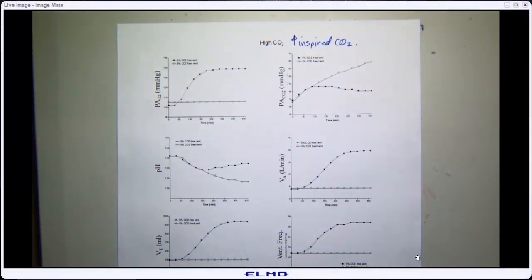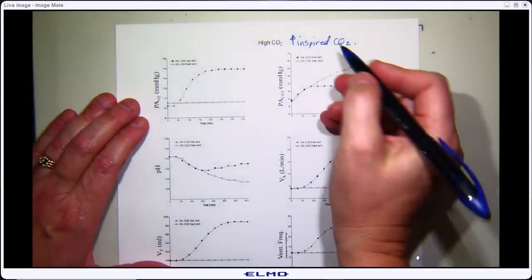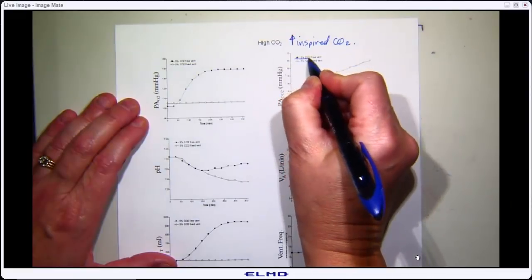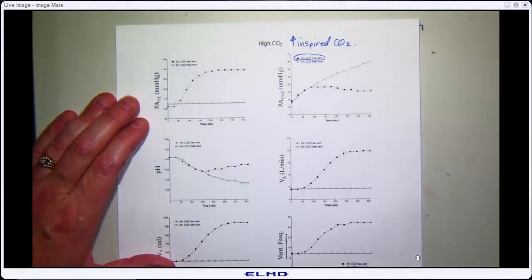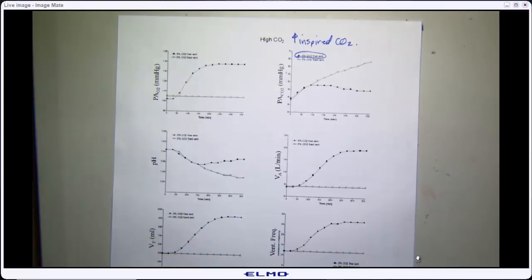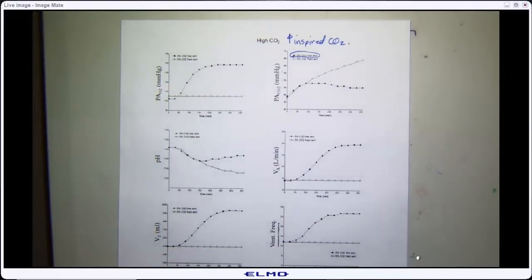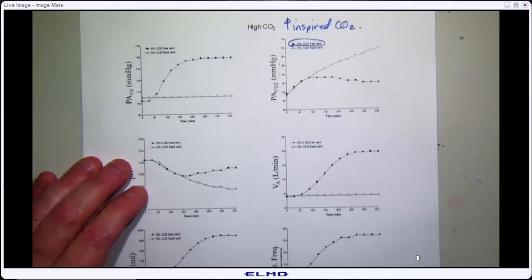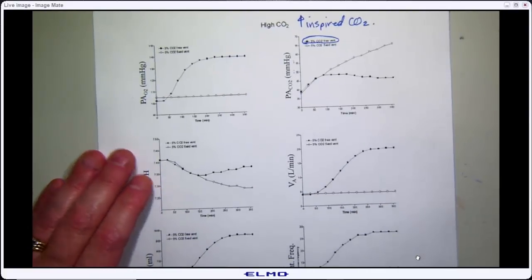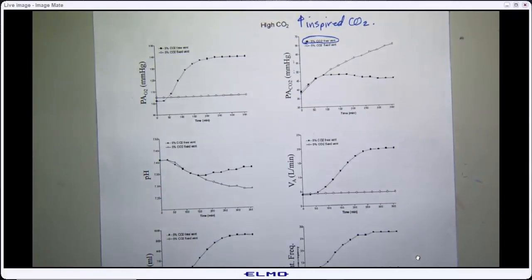So we have essentially 0% CO2 in the air that you're normally breathing in, and suddenly you're in a room where we've raised that to 5%, okay? We're going to deal with this first. 5% CO2 free ventilation is what that says. We'll work on the fixed ventilation in a minute, but let's think about then the free ventilation.